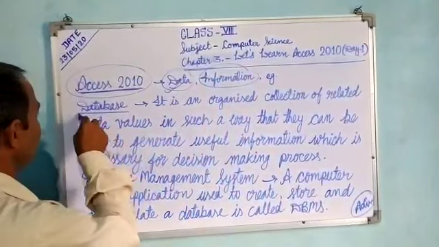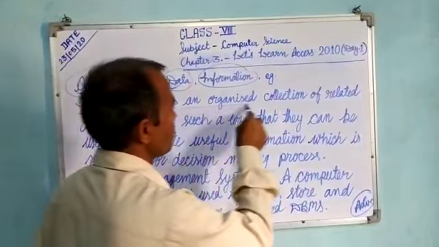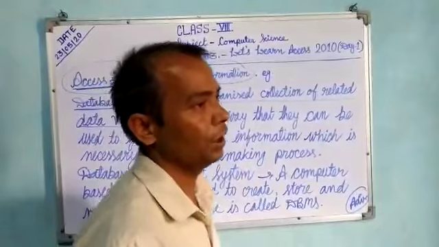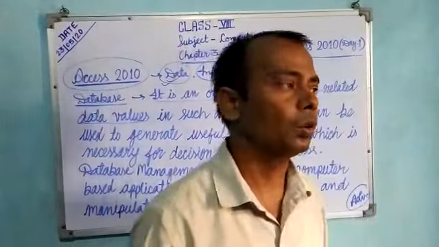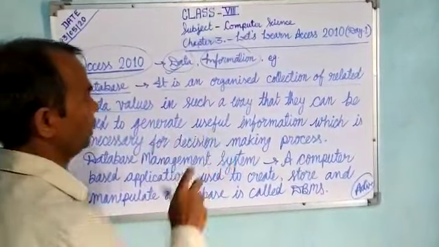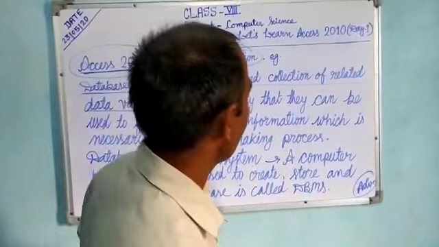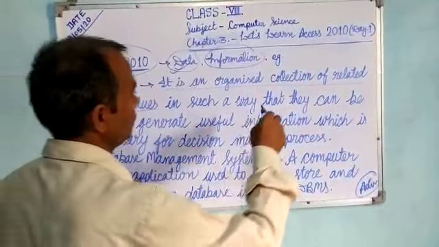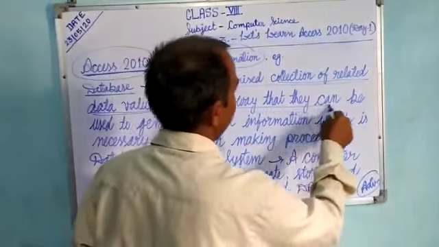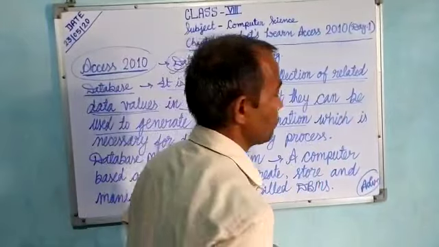So first we learn about the database. It is an organized collection of related data values. Here the key term is related values. Whenever we are talking about employees, the data is related to employees. Whenever we are talking about students, it is related to students, or to stock. So here is the collection of related data values in such a way that they can be used to generate useful information.